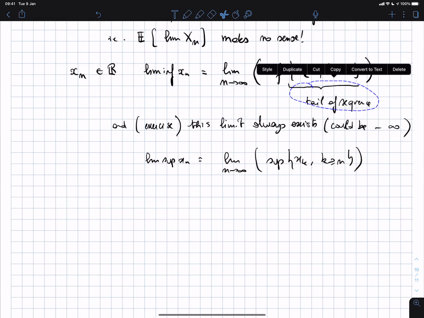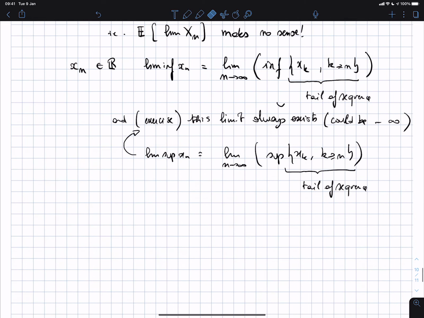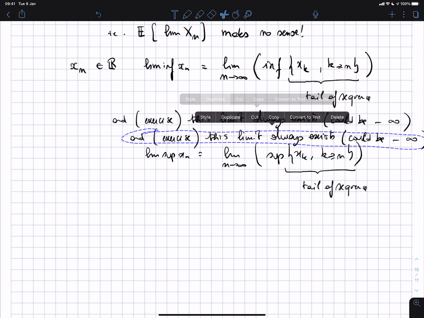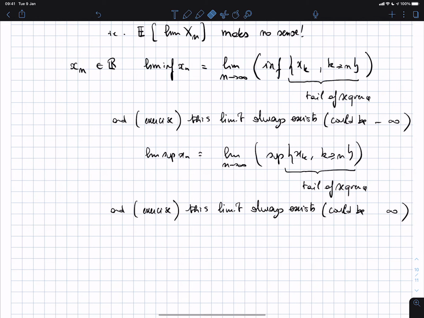And we have this here, like that. And again, same thing here. Maybe I can erase this and simply copy. Exercise. This limit always exists, but it could be plus infinity.